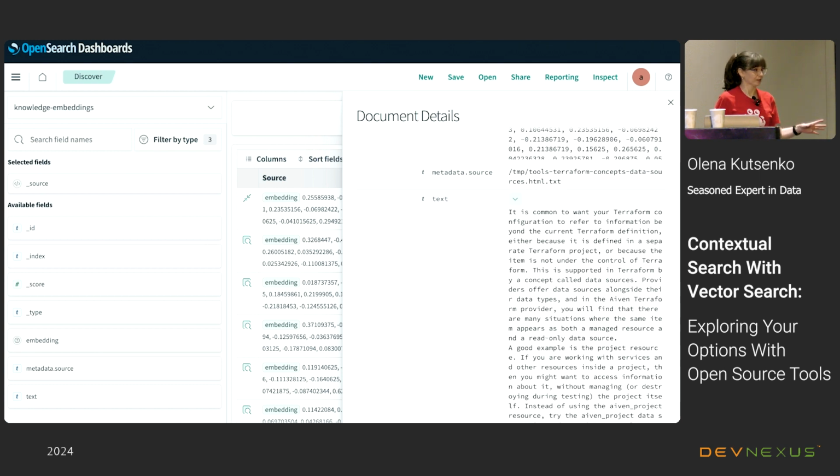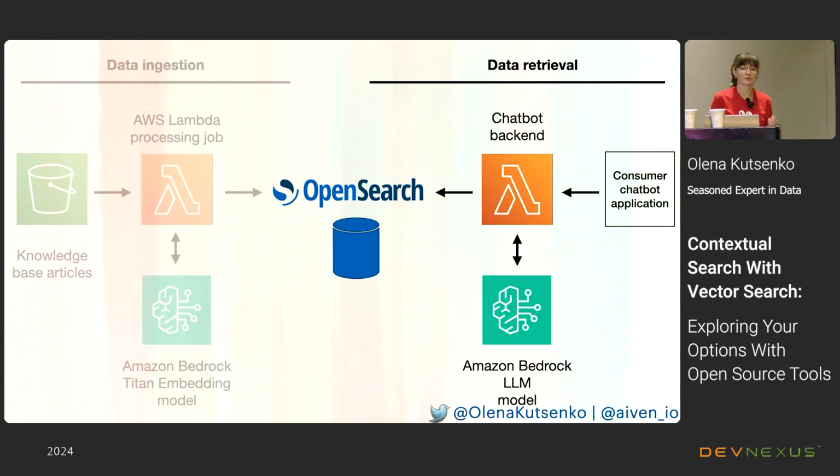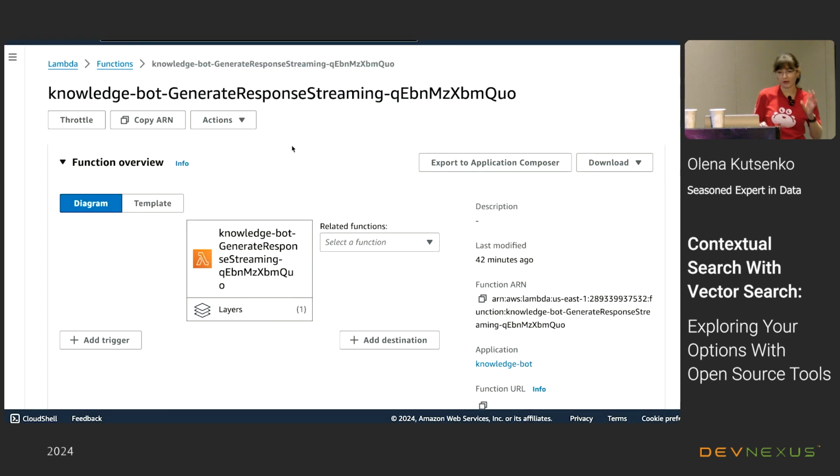Yeah, so this is the part which we have seen before, but using a bit more of LangChain. The second part is to get the data retrieval, and here we rely on a large language model. So I have another Lambda.